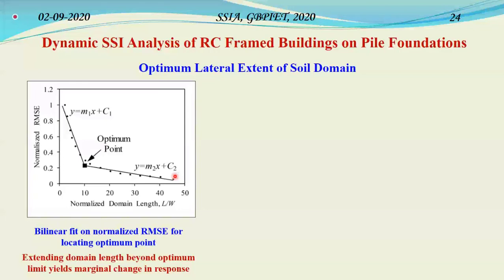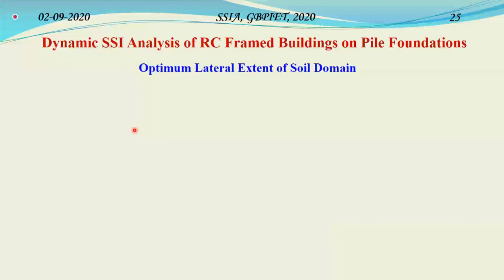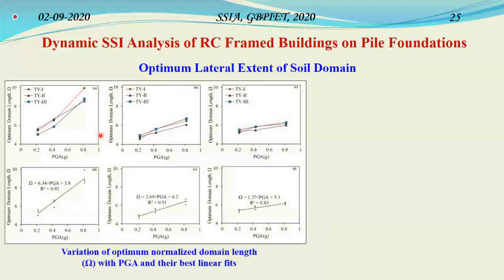So we collected these optimal points for various combinations of earthquake, soil, and structural width, and found out these optimal points for each combination. We clubbed them all together to find out how the optimum domain length changes with the PGA.